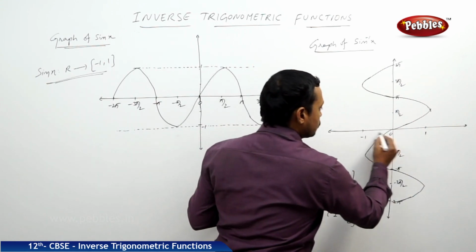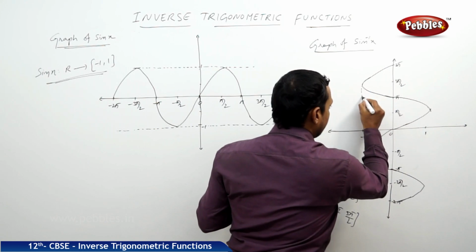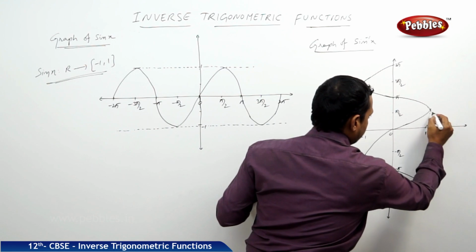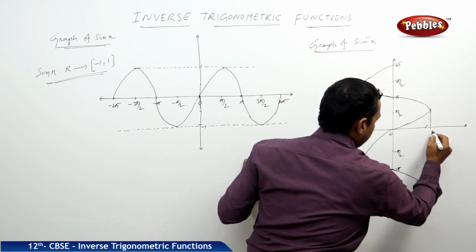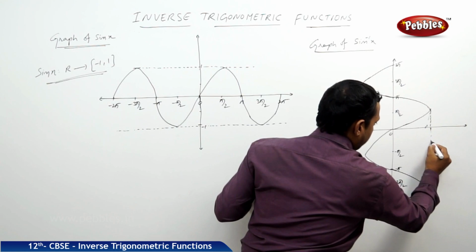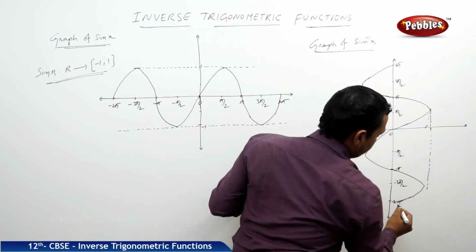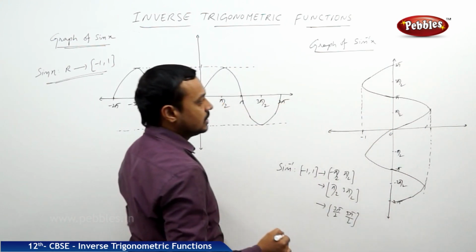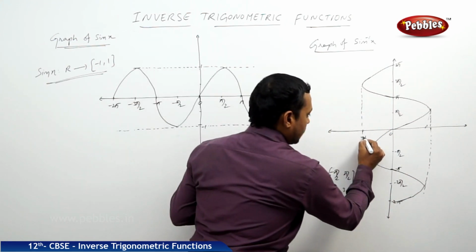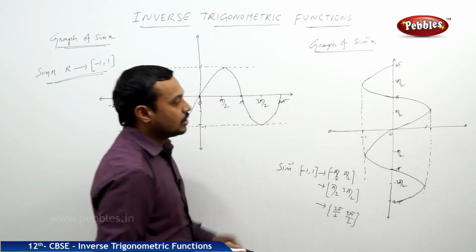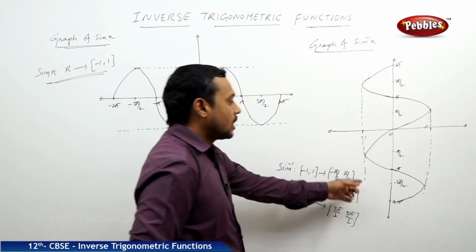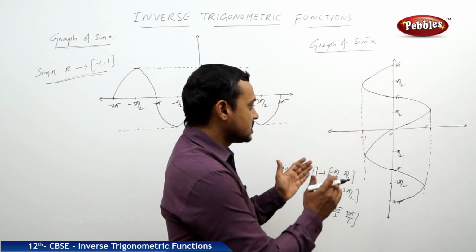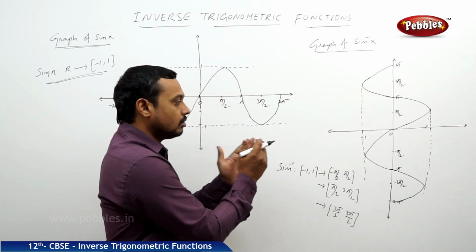So when x values are between minus 1 to 1, the graph is lying between minus 1 to 1 again, and here further extending like this.